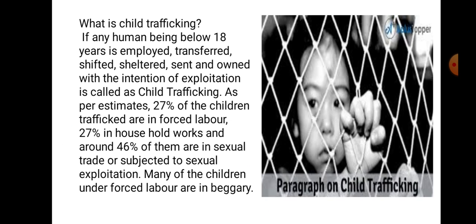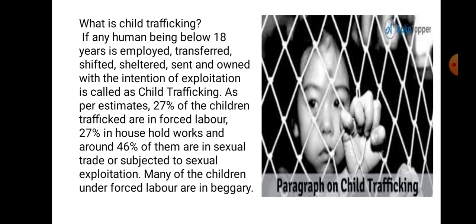So the very important question arises before us: what is child trafficking then? If any human being below the age of 18 years is recruited, transported, transferred, shifted, sheltered or sent and owned with the intention of exploitation, then it is called child trafficking.